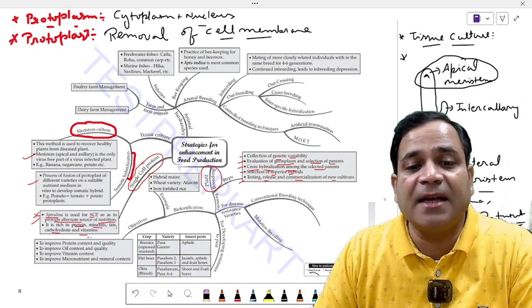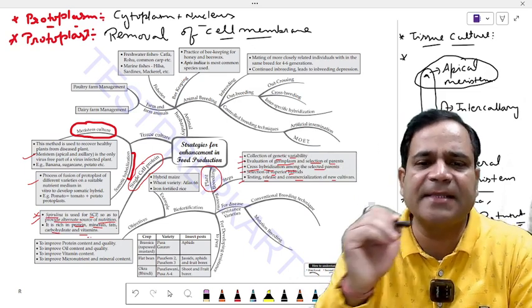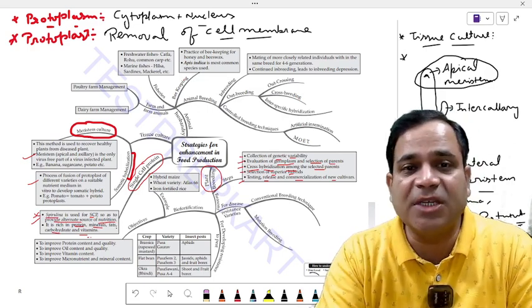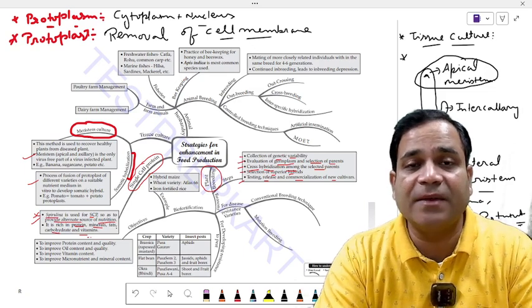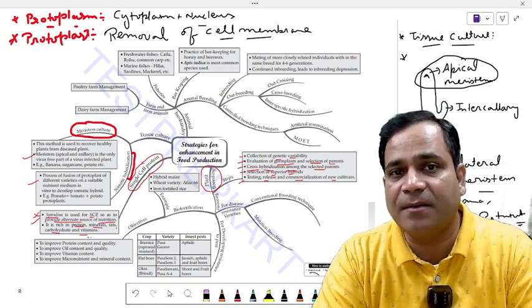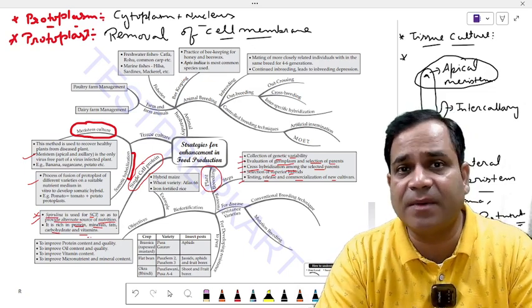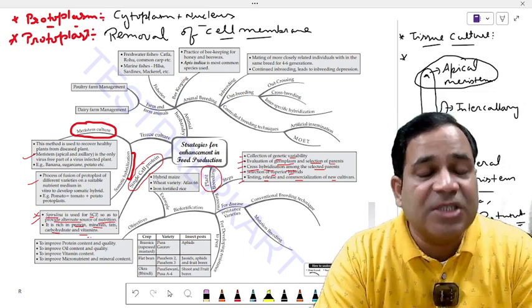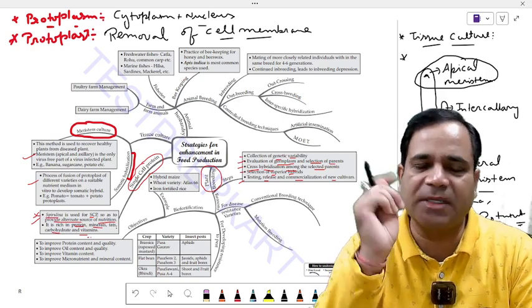Once the gene changes, the characters developed in plants or animals also change, because the gene is responsible for carrying inherited traits from parents to progeny.